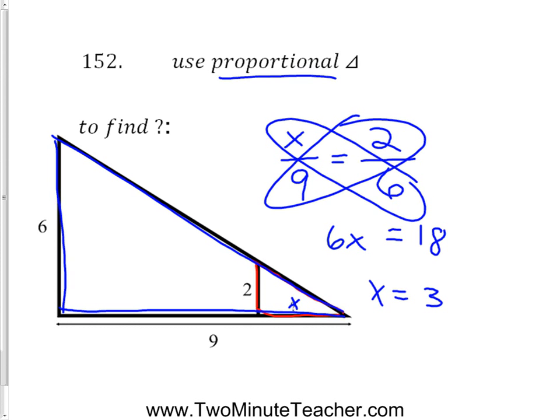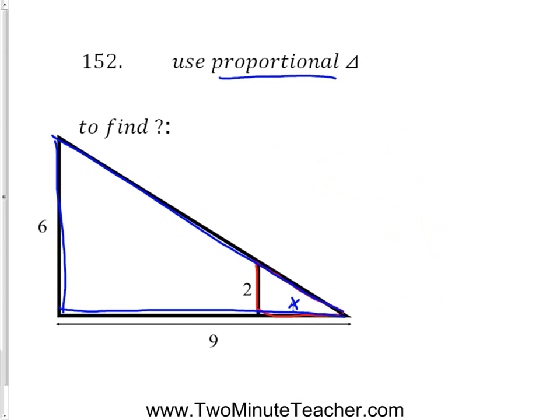All right, if I didn't want to set it up that way, I could actually set it up a different way. I'll show you that. Either way, I better come up with the same answer. And let's see.